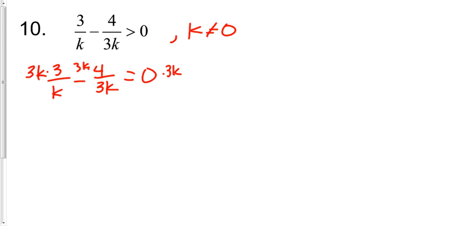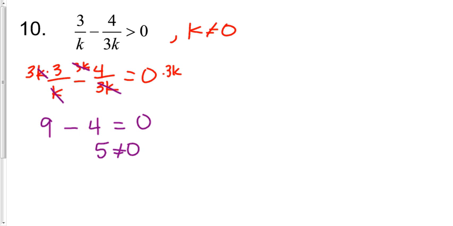Okay, so when I do that, in the first fraction, the k's cancel out, and 3 times 3 is 9. Minus, in the second fraction, 3k cancels out, and I have 4. And then I have equals 0 times 3k is 0. Well, we know that 5 does not equal 0, and so I'm not really going to get a solution here.